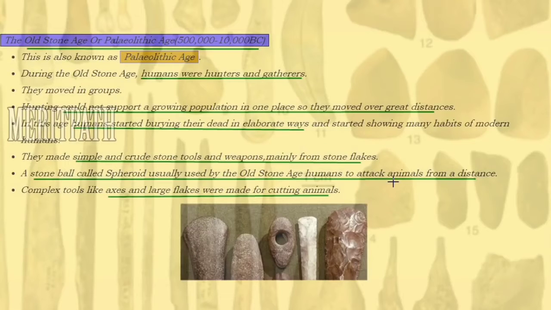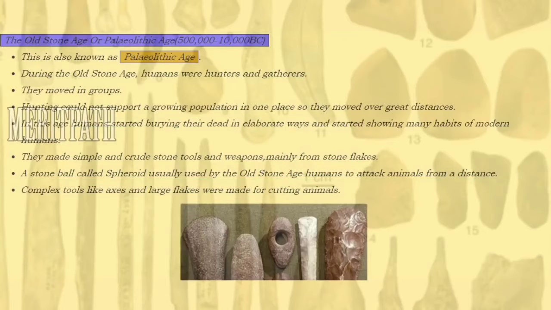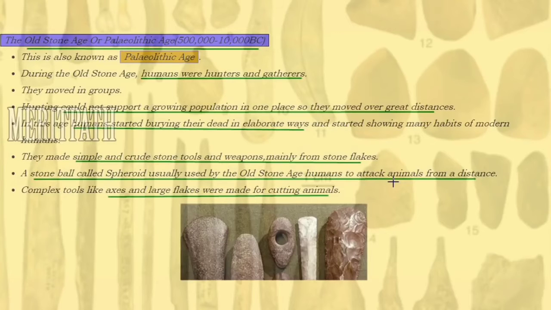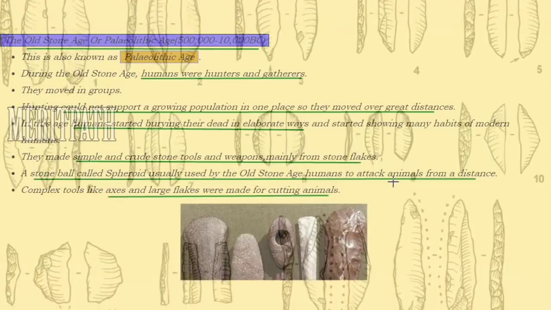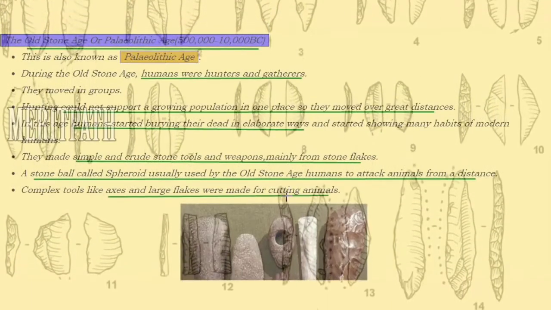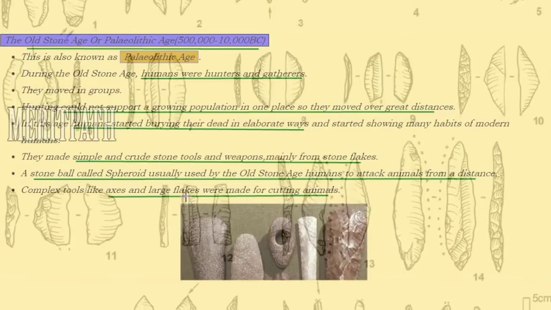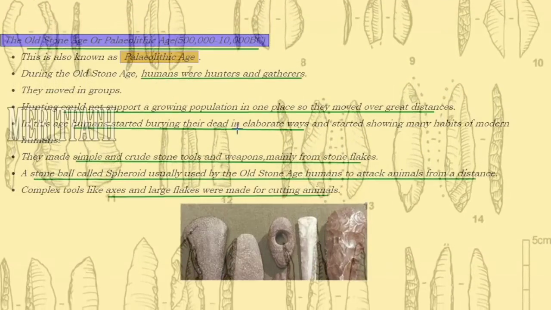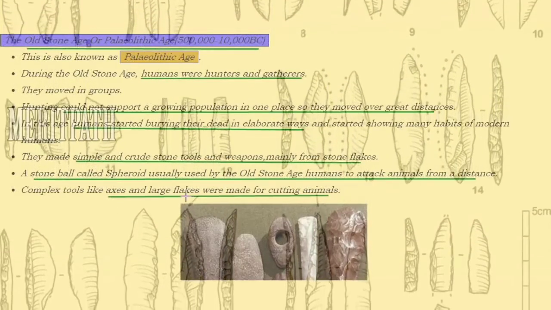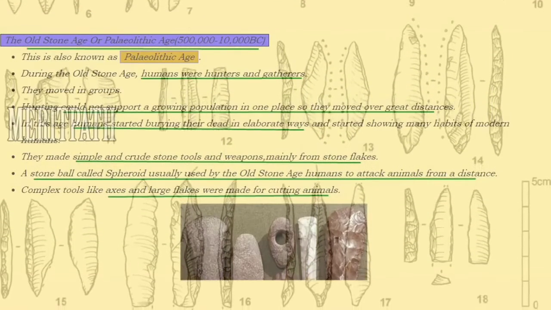They started showing many habits of modern people, and the weapons and tools were made of crude stones and stone flakes. Then they discovered something called a spheroid. It was a stone ball used to attack animals from a great distance. Animals were attacked for food, and for cutting animals they had axes and large flakes.